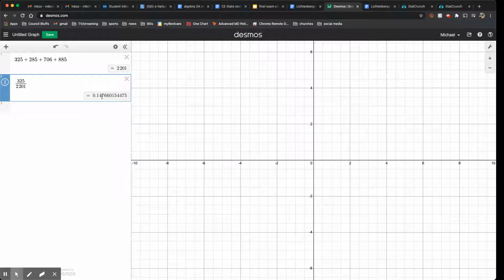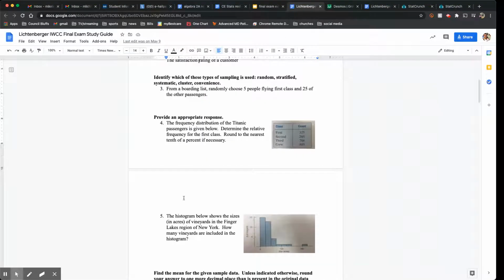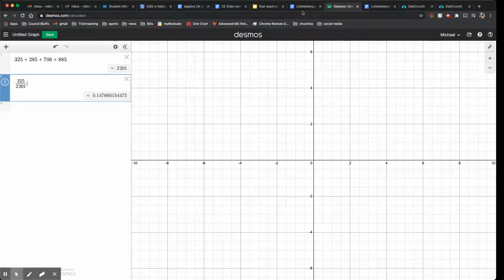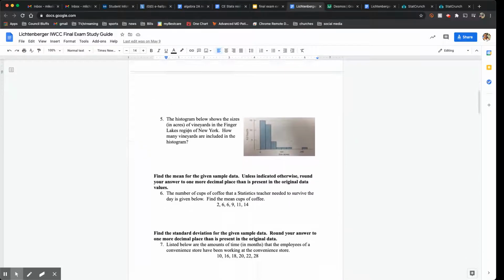So it becomes 14.766, so on and so forth. Rounded to the nearest 10th means rounded to 1 decimal place after you convert it to a percent. So the relative frequency would be, like I said, 14.8% for number 4. 14.8% is the answer.